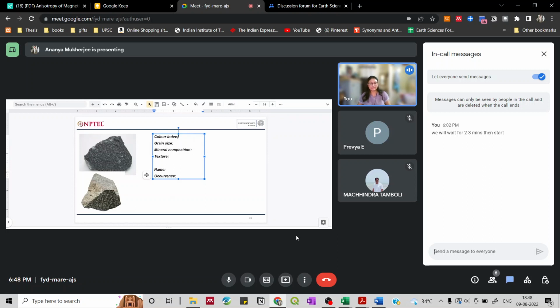So we'll call this an intermediate colored rock. Now the grain size: over here you cannot see very clearly, but on this surface you can see some grains. So this is in between phaneritic and aphanitic, but we can still see the grains.